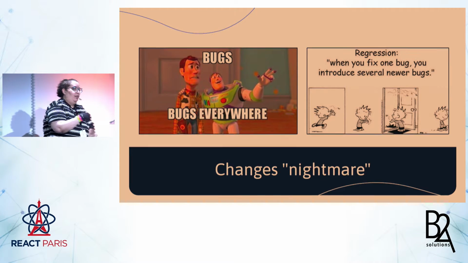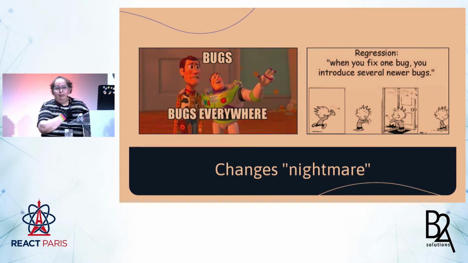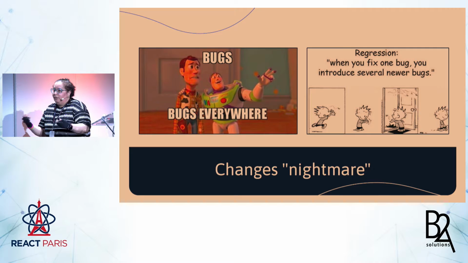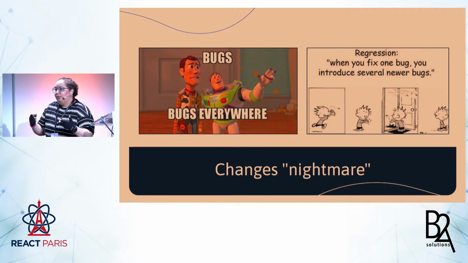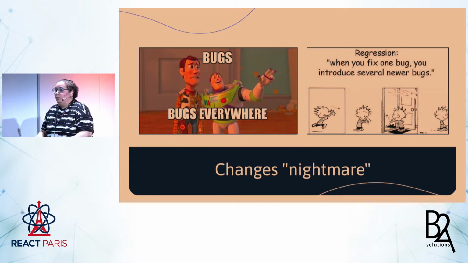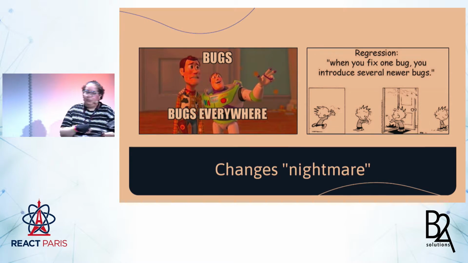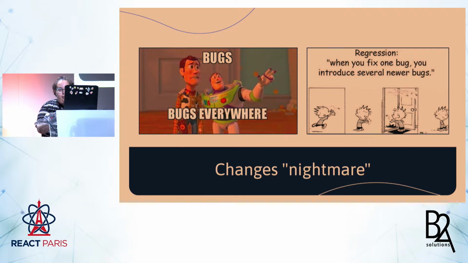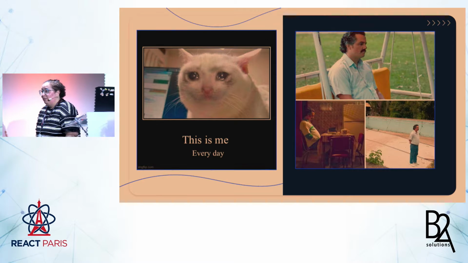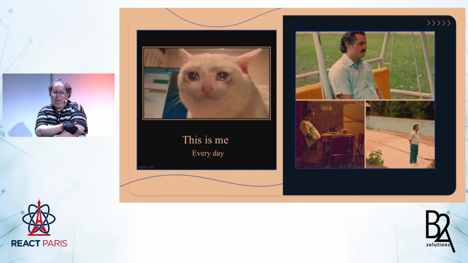Because of our unique practice: sometimes we don't try to understand the problem and find an efficient solution, but we try to make it work, trying stuff until it works. And the result of this is bad code. And this is me every day. When I review code, I cry, please.